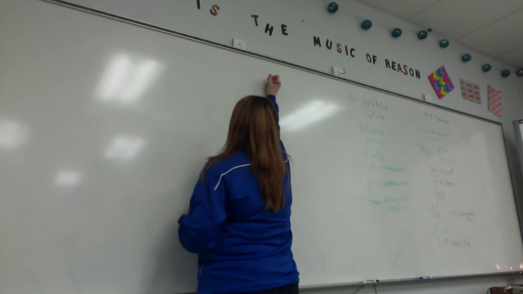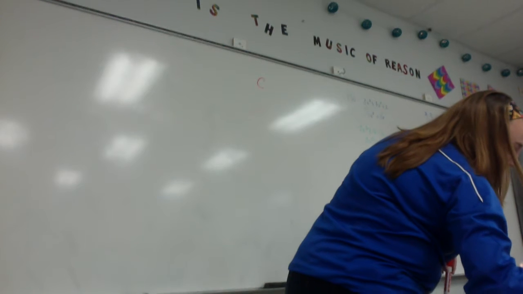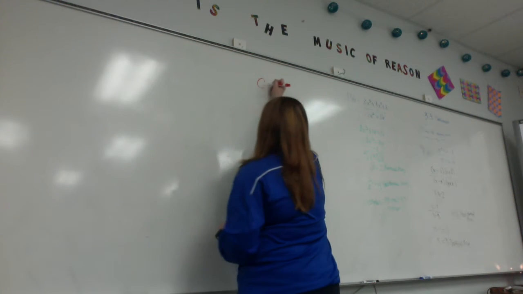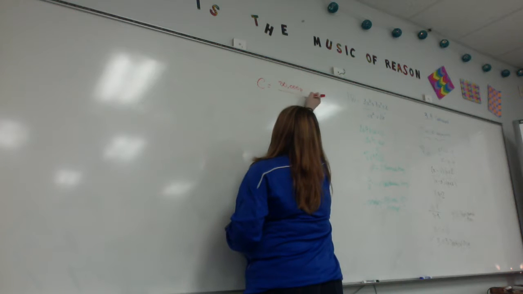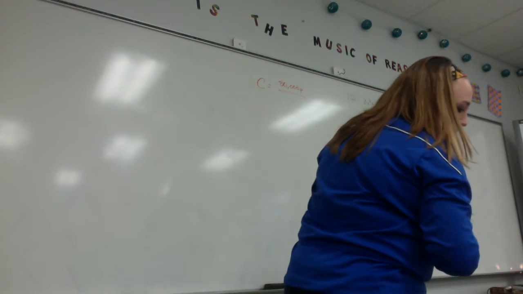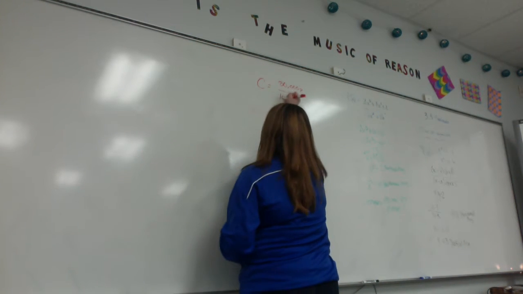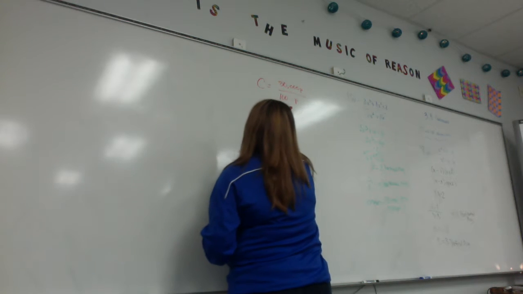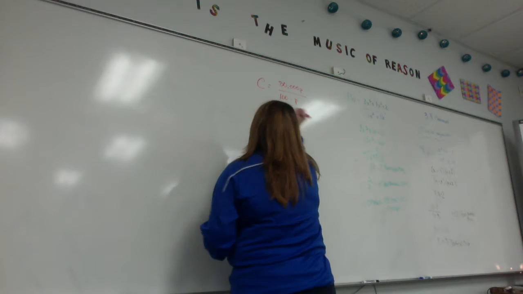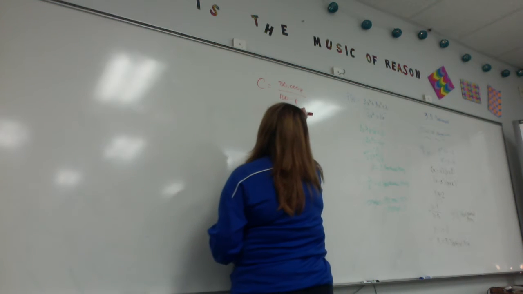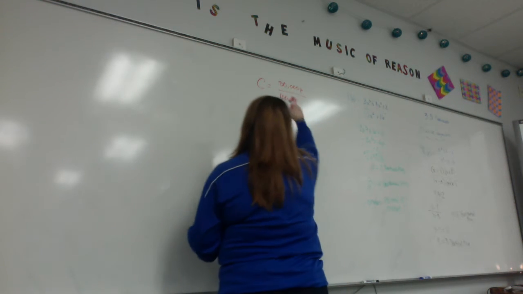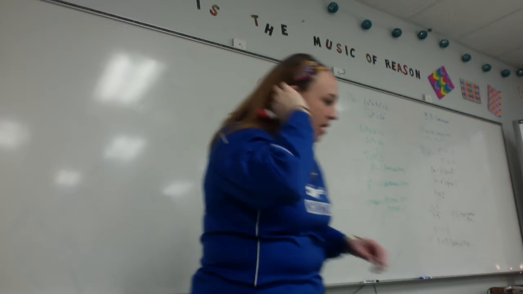C equals 80,000 P over 100 minus P, where 0 is less than or equal to P and P is less than 100, because I can't have a 0 in the denominator spot.